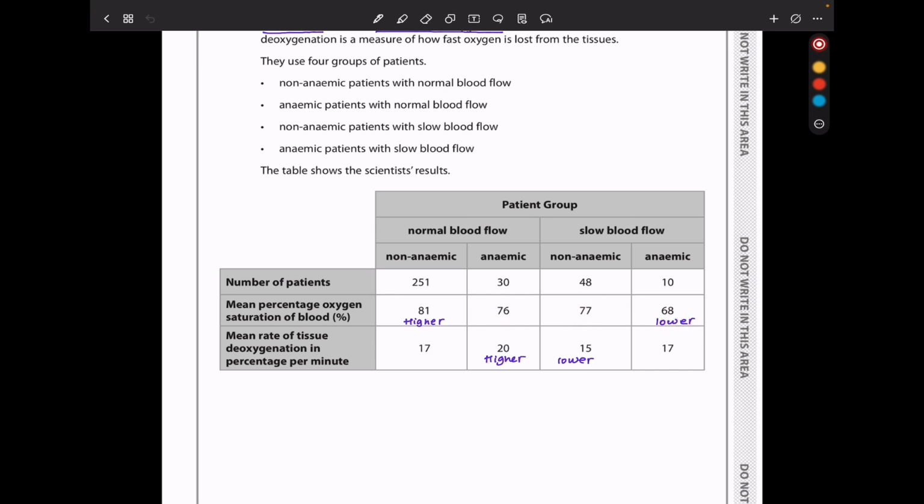So we see the non-anemic have a higher mean percentage of oxygen saturation in blood. We also see the mean rate of tissue deoxygenation in percentage per minute, we see it's higher here and lowest here. So the normal blood flow patients that are anemic have a higher deoxygenation percentage, and those that are non-anemic in slow blood flow have a lower value, or they have the least value.